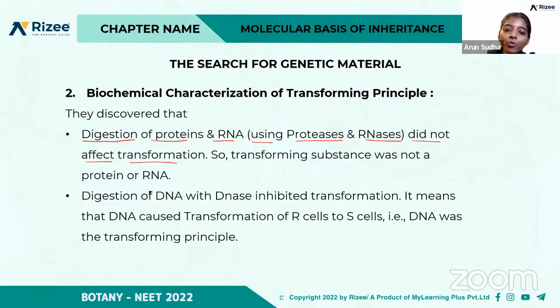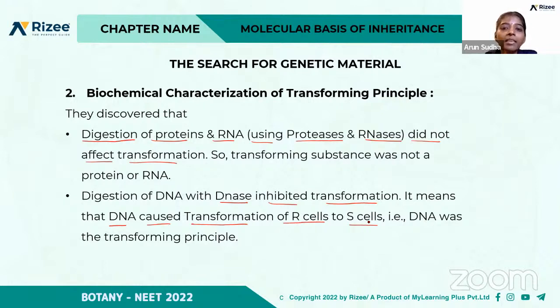But the tube which was treated with DNase inhibited the transformation. So this means that DNA caused the transformation of R cells to S cells, and DNA was the transforming principle. So you have to be clear in which experiment, who identified what.